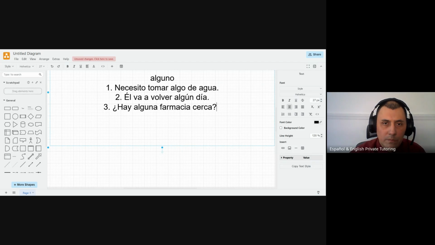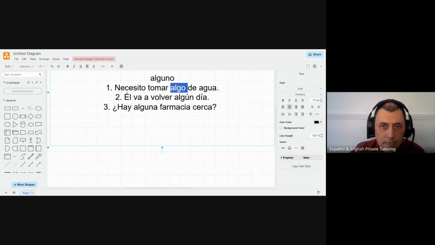It will mean some in the second one. Él va a volver algún día. He's going to come back someday. Algún is acting as an adjective describing the word day. Okay, day is masculine, algún is masculine singular, day is singular as well. Necesito tomar algo de dinero. Now, in here, algo is not acting as an adjective anymore.